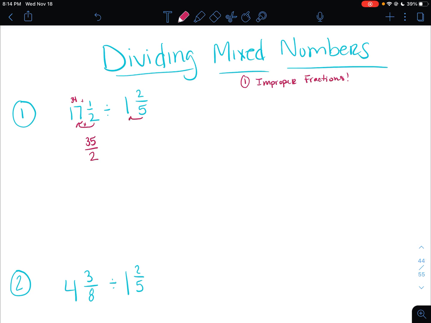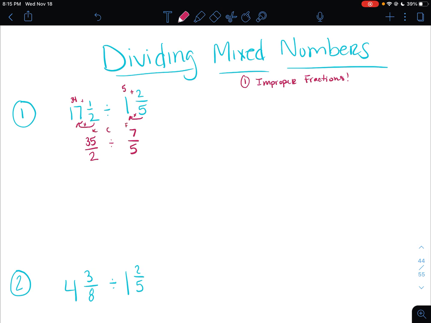And then same thing for 1 2/5. Go around the world. 5 times 1, 5, plus 2, 7/5. Okay, so we have 35 halves divided by 7/5.